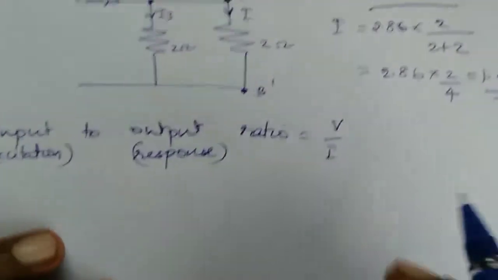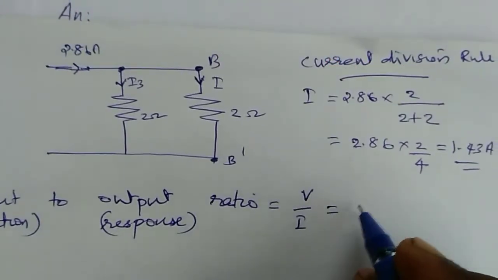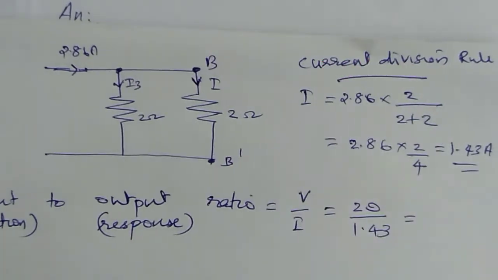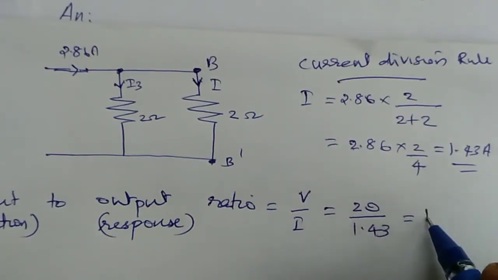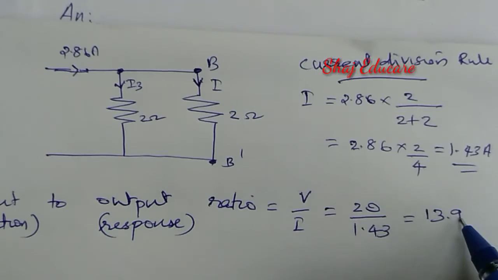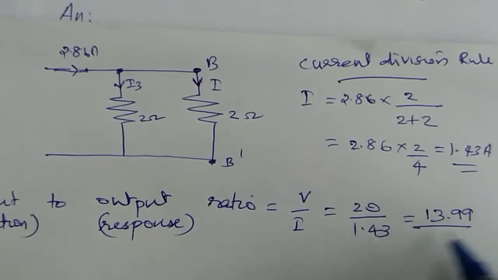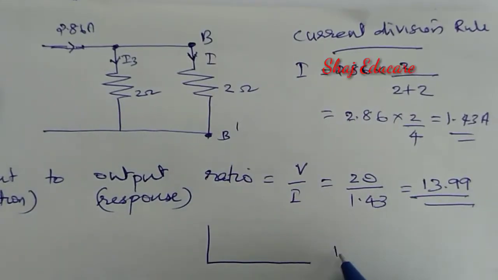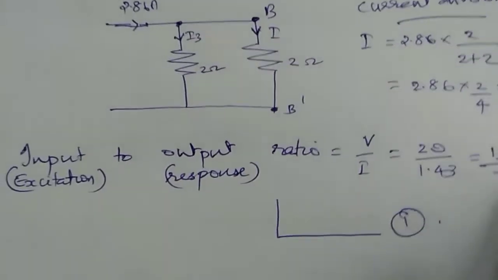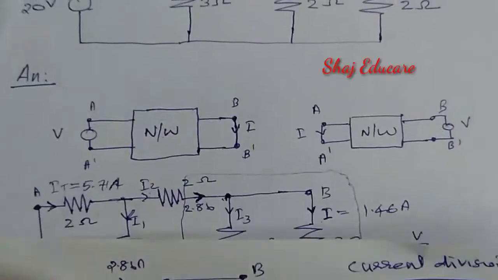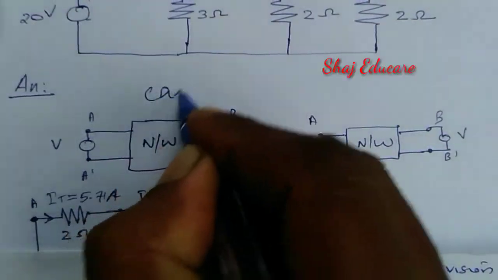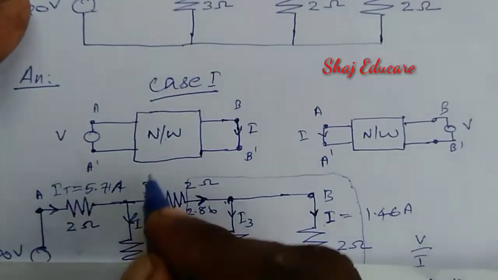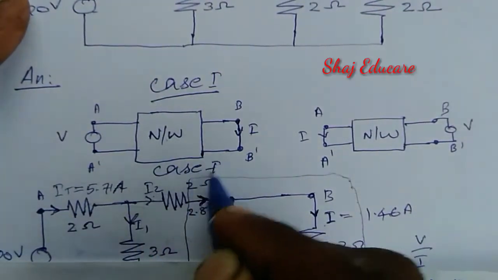So let's take the V to I ratio, 20 divided by 1.43, that is 13.99. Let us mark this as equation number 1. Now this case 1 study is over.